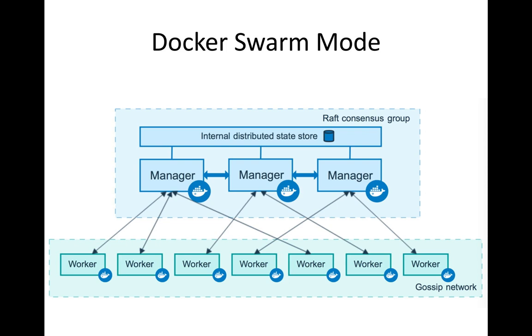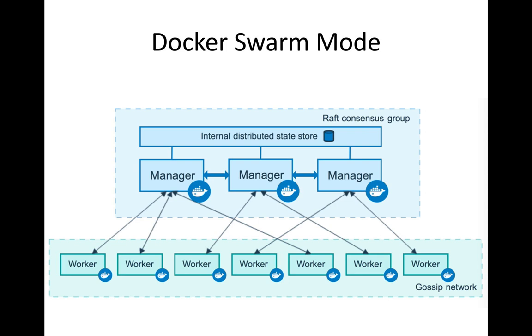Here's how the cluster looks. As I mentioned, there are manager nodes and there are worker nodes. Typically, you have to have at least one manager node in the Swarm cluster, but typically there are multiple manager nodes, and usually at least three, because the manager nodes will store the internal configuration state of all the services in the cluster.